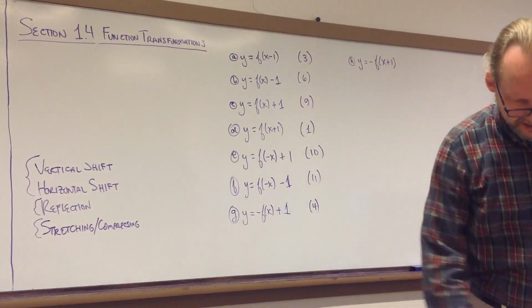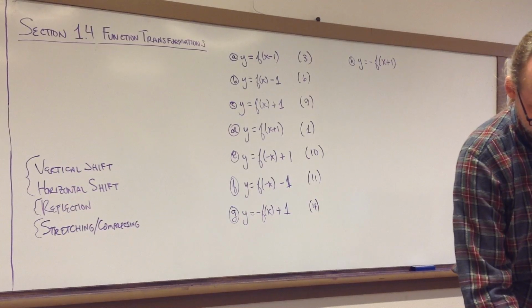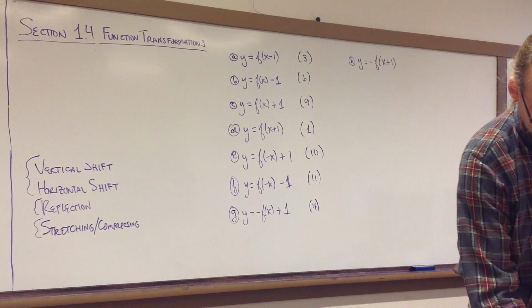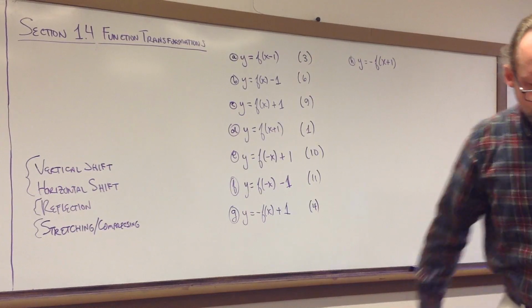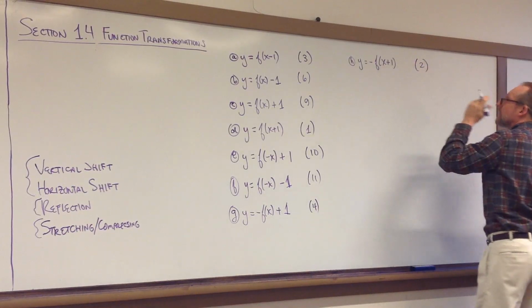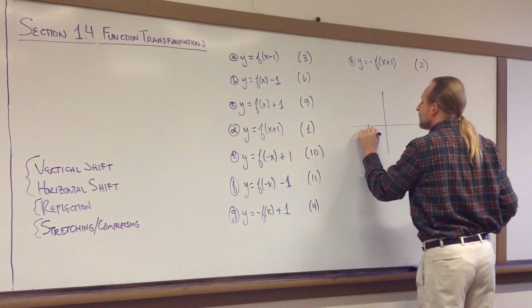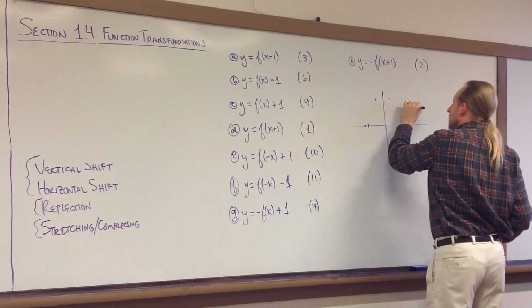Shift left 1 unit, reflect over the x-axis. I think that's going to be number 2, and I don't think the order matters here. So let me answer this, and then let's take a look.